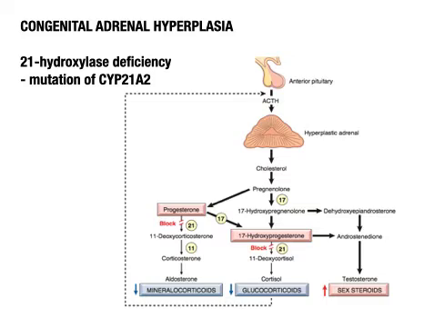So here, the deficiency of your 21 hydroxylase would block the conversion of progesterone to 11-deoxycorticosterone, and 17-hydroxyprogesterone to 11-deoxycortisol, which would lead to decreased synthesis of your aldosterone and cortisol respectively.